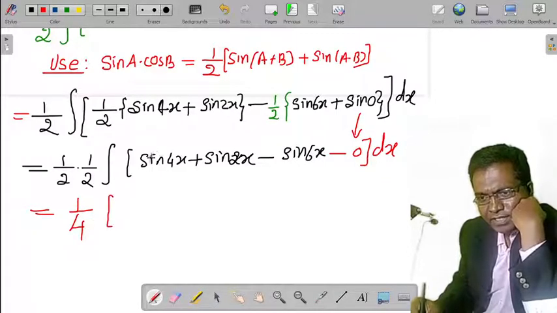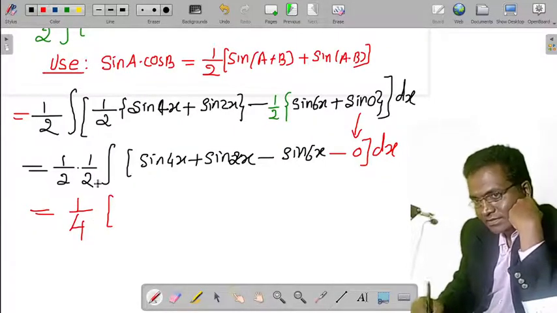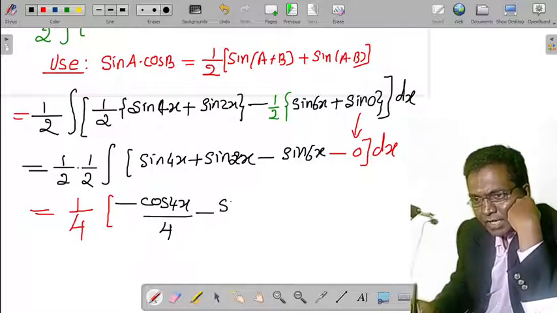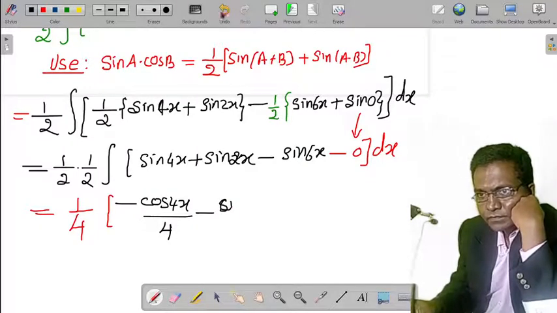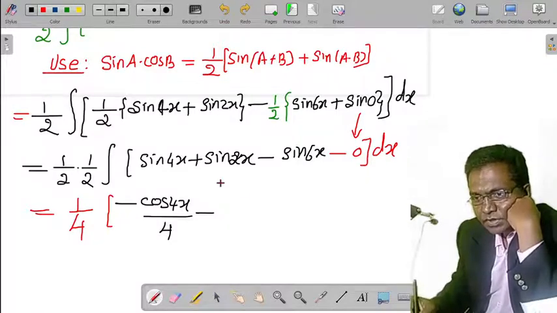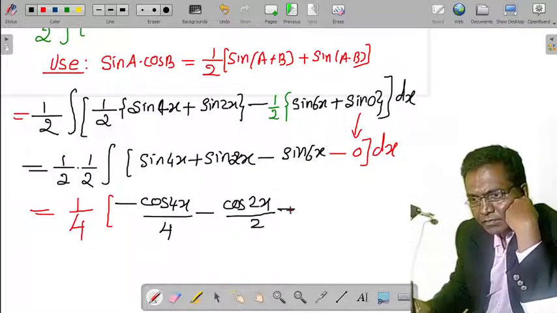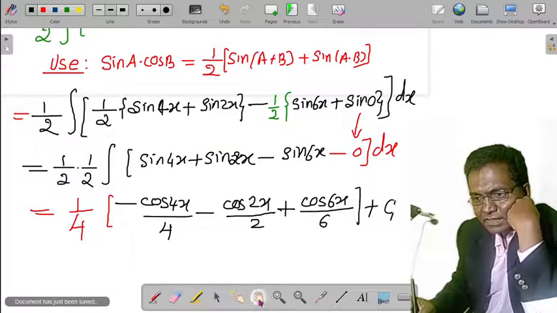Now go on writing the integration. Integration of sin ax is minus cos ax by a. That is minus cos 4x by 4, minus cos 2x by 2, and minus of minus becomes plus cos 6x by 6, plus c.